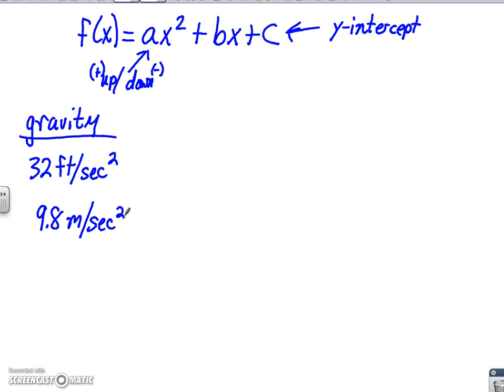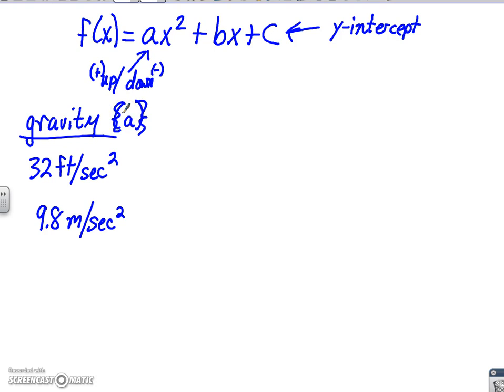For our functions, gravity is going to be listed under the a. The a of our function is going to let us know about gravity. Because an object is going up and coming back down, our a will always be negative.